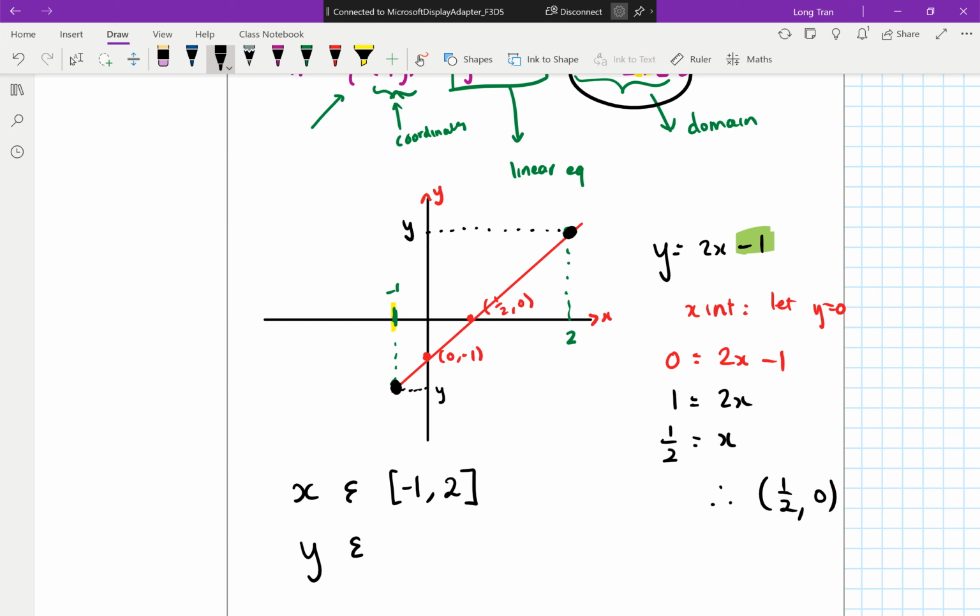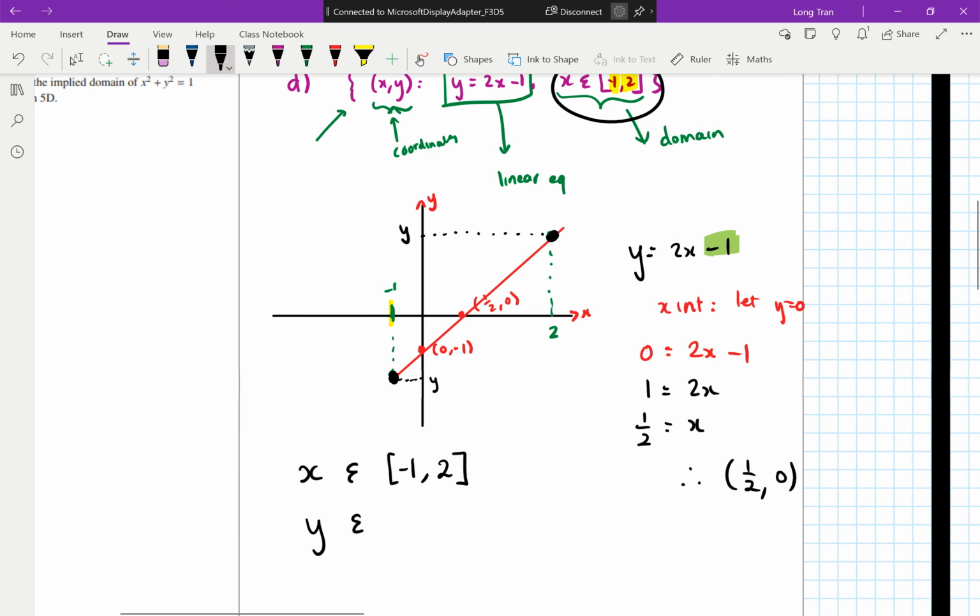Question is, how do you find it? How do you find the y coordinate of this point? I know the x coordinate is -1, whereas over here I know the x coordinate is 2. How do I find that y coordinate? Sub x with -1 into the equation. They gave you the equation. They said, if you have x, I'll tell you what y is.